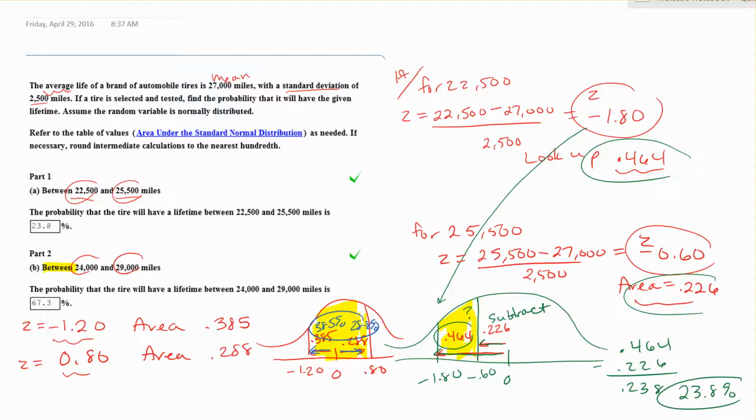I don't want to subtract these, I want to add these together. So when the arrows go opposite, you add, and when the arrows go the same way, you subtract. So 0.385 plus 0.288 gives me 0.673, or 67.3% probability.